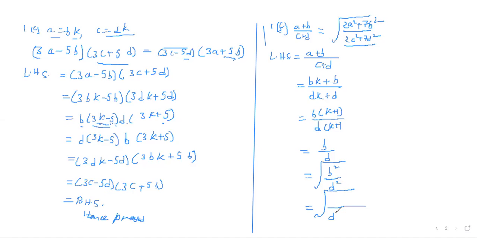Always try to multiply the terms in the denominator to the denominator and with the numerator also. B square is already there into 2c square plus 7d square.